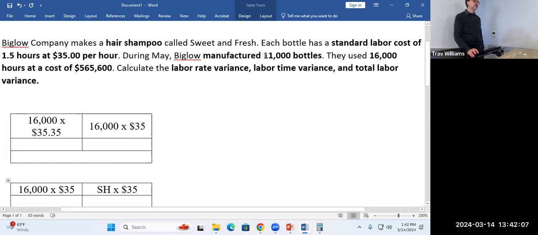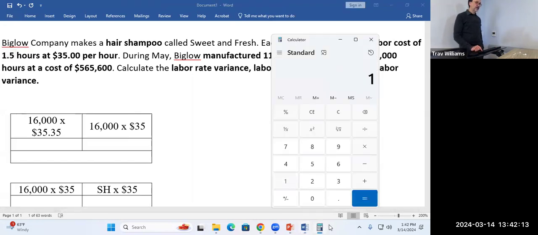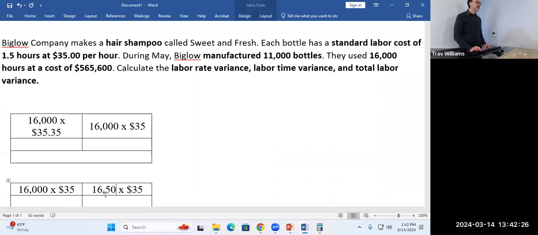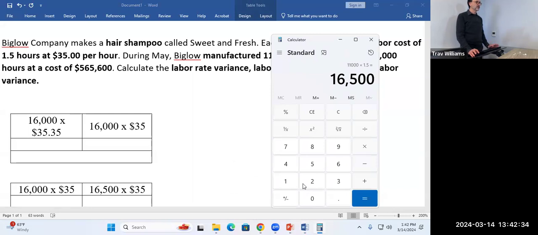They made 11,000 bottles, and the standard is 1.5 hours per bottle. So we take 11,000, the actual production, times the standard hours, 16,500. So like I said, the hardest part is knowing what's what, and then doing the calculations is pretty easy, right? And you can always look up the formulas if you don't remember.